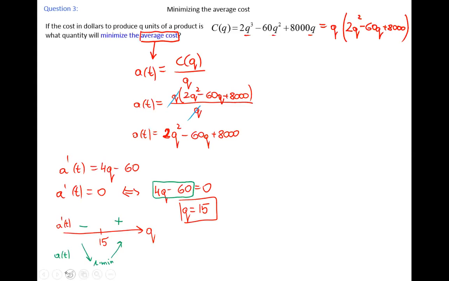It's a quadratic function. That means this is definitely the minimum value. That means when q is 15, average costs are minimized. I think my spelling is correct.